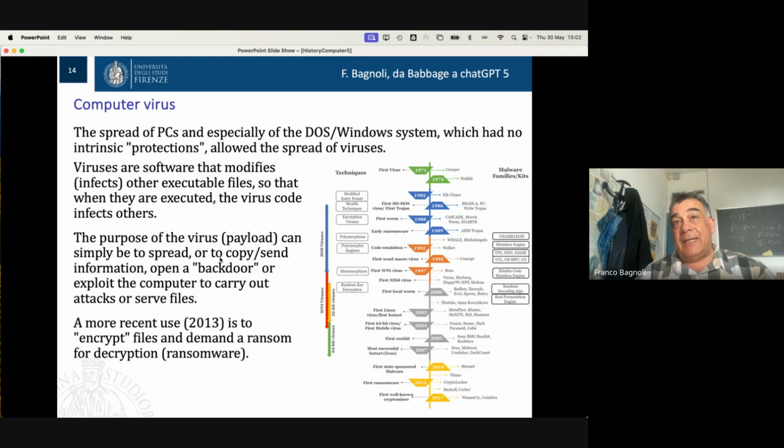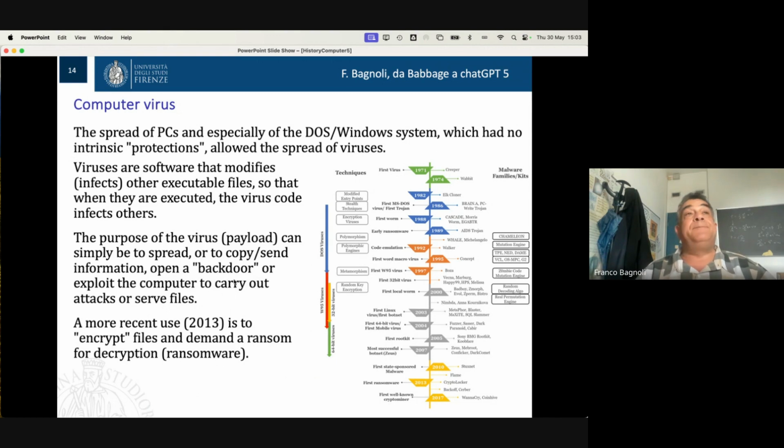Or it can look for information like credit card numbers and send it to some place, or install, for instance, a web server that can serve pornography or other kinds of things, or stolen software that you don't want to store on your computer, or open a backdoor.